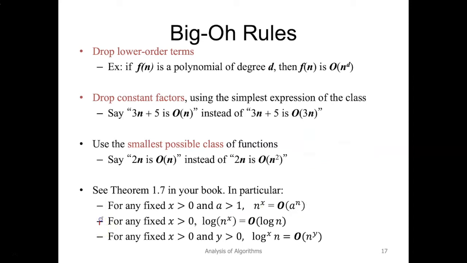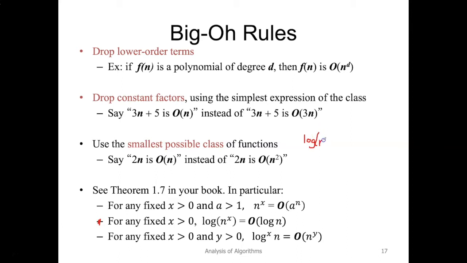For the second one here, we have for any fixed x greater than 0, log of n to the xth power is big O of log n. So if you'll remember why this is true, let me put that up here first. If we have log of any base, but usually when we say log here we mean base 2, it doesn't matter which base we're using.